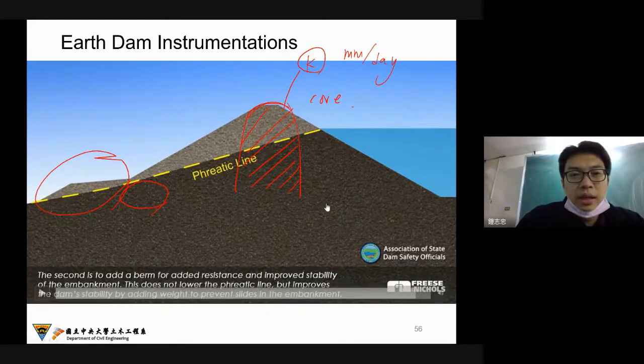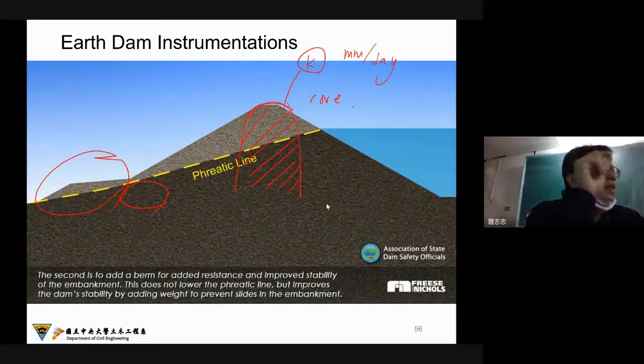Okay, so based on this idea of the potential failure mechanism, I would like to ask: if you are an engineer, and you have been assigned a task to build this kind of earth dam or embankment, what kind of sensor may you put inside or outside of this earth dam, and where can you put them?